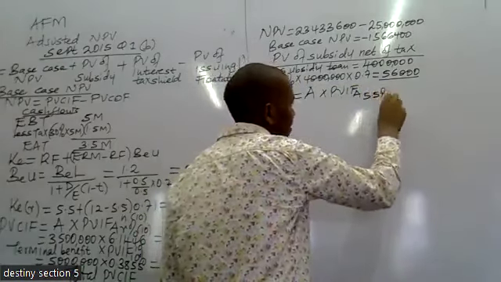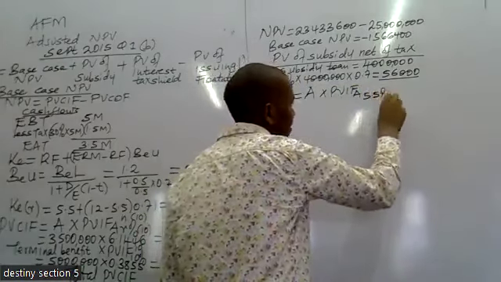So that means in this case, I just get 56,000. This one, you're not going to get it on the table. So what you do, you use the formula. The formula on the second table, 1 minus (1 plus r) power negative n, over r. That is the formula for values in the second table.